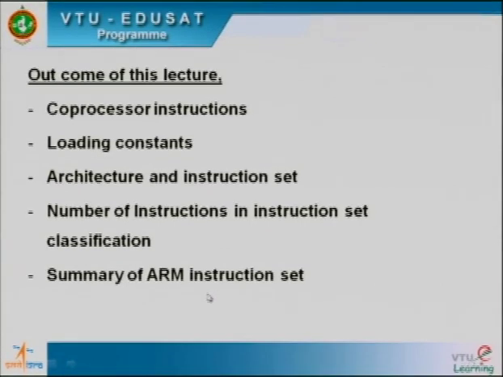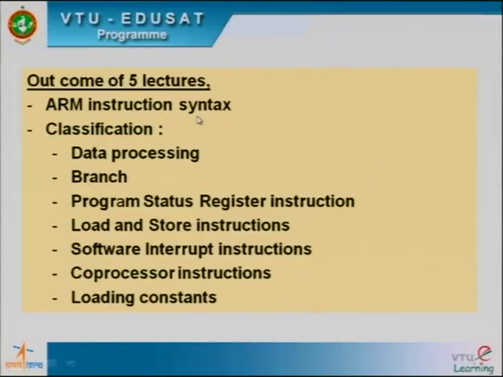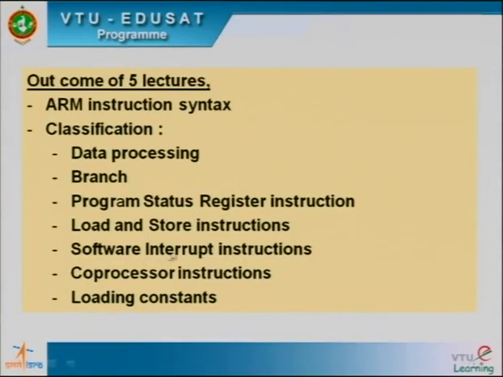So in the last 5 lectures, we have studied what an instruction is, what the ARM processor core is, how it supports execution of instructions, what the syntax of an ARM instruction is, and the classification of the ARM instruction set: data processing, branch, program status register, load store, software interrupt, coprocessor instructions, and loading constants.